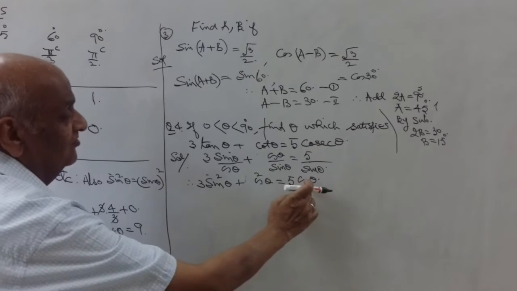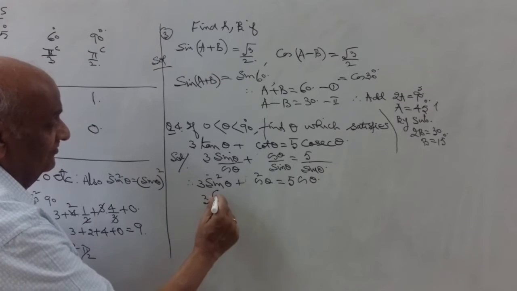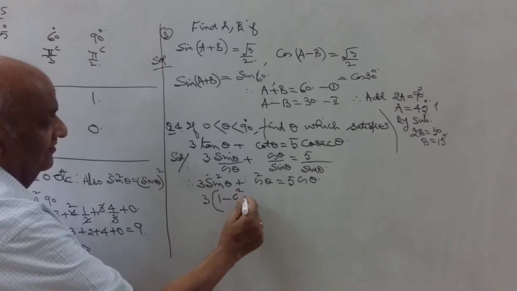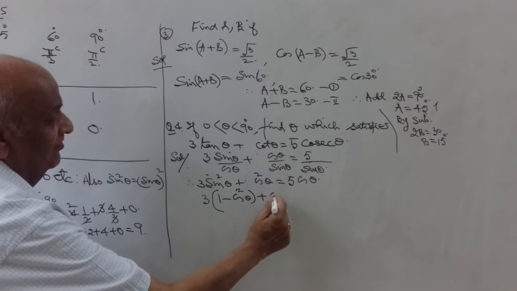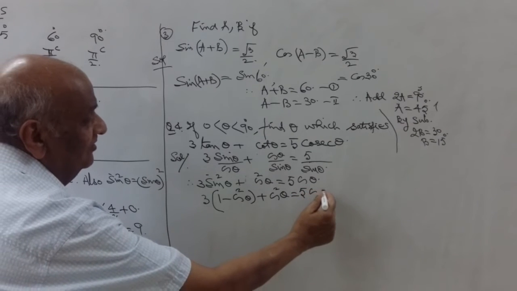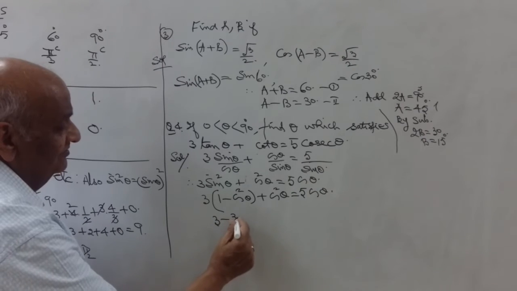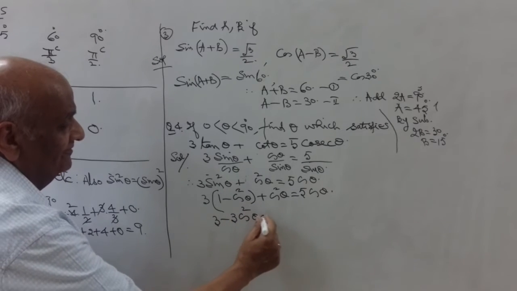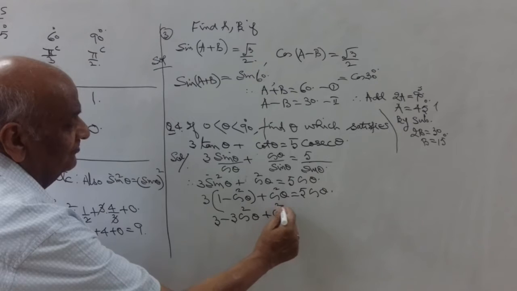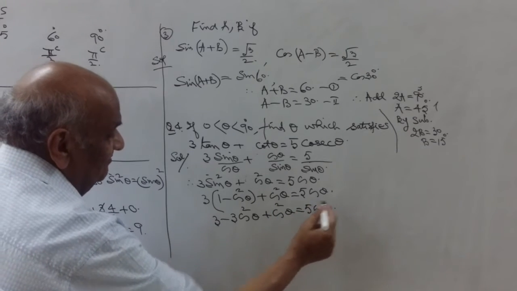But because it is cos here, we shall make it a quadratic in cos. 3 minus 3 cos square theta plus cos square theta is 5 cos theta.